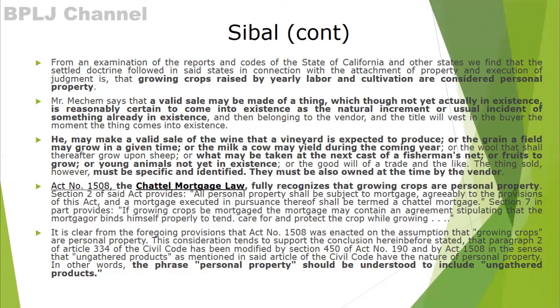So the plants as well as the animals must be owned by the vendor. And also, under the chattel mortgage law or Act 1508, it fully recognized that growing crops are personal property. So by specific provision of law, growing crops are considered as personal property.